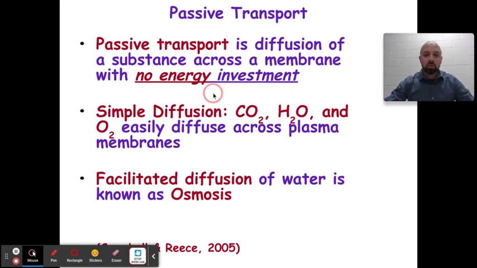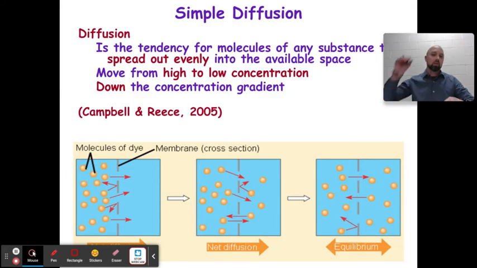We talk about simple diffusion, those molecules that can freely pass, they don't need a transport protein at all, versus facilitated diffusion, which is when molecules move a lot better, at least, if they have that transport protein. So osmosis is a good example of that, using water using that aquaporin. So simple diffusion, I'd like to go through that next.